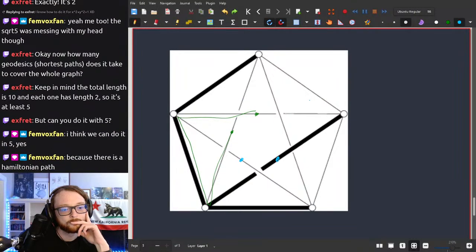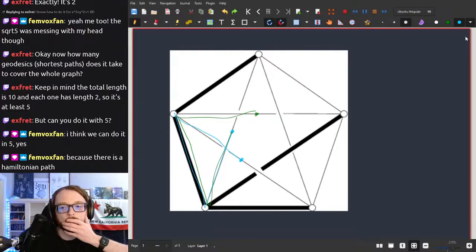Do I want these 2 points? Maybe I want these 2 points. This is such a waste just to get that edge. I don't know how else you would get it though. Okay, but that's 2.